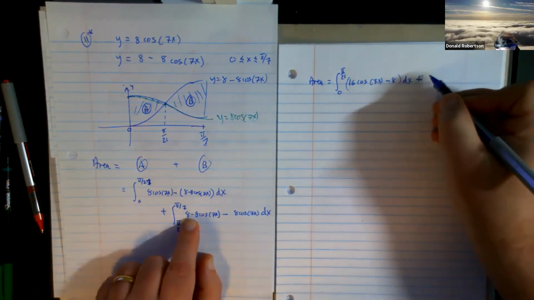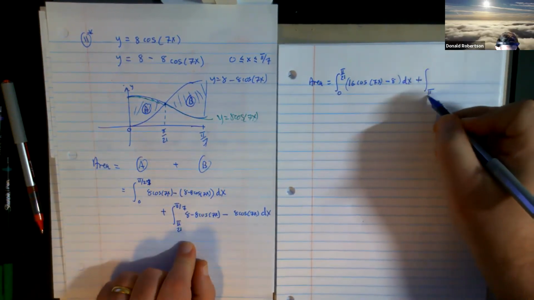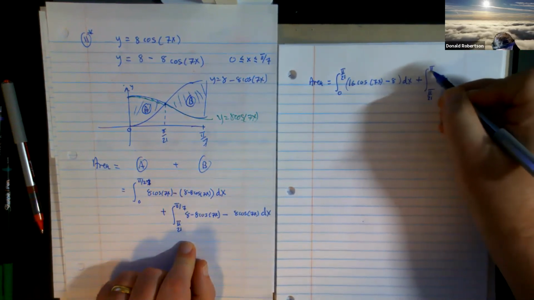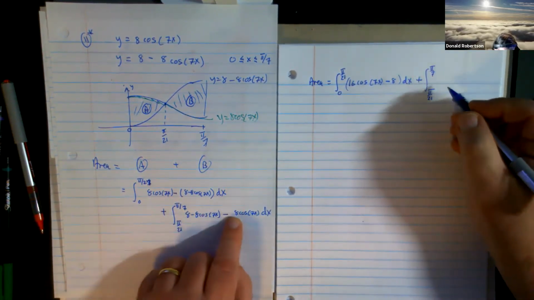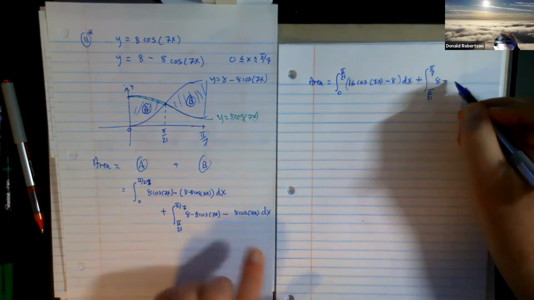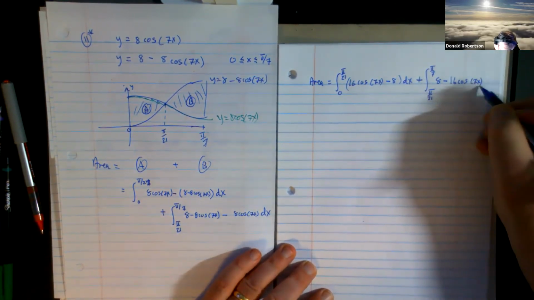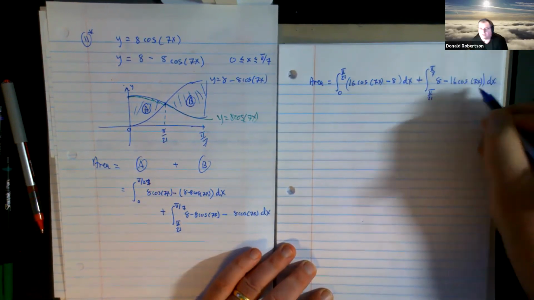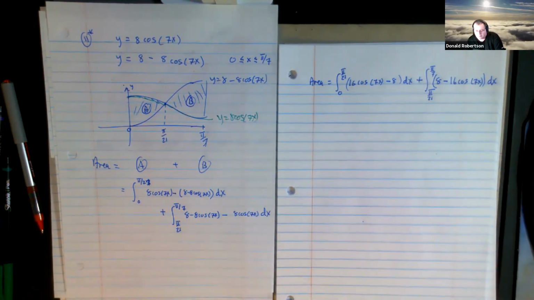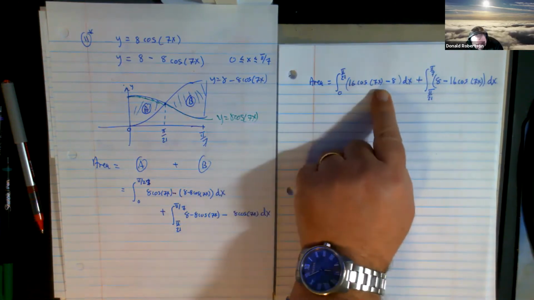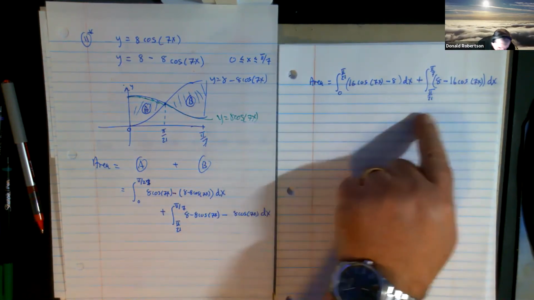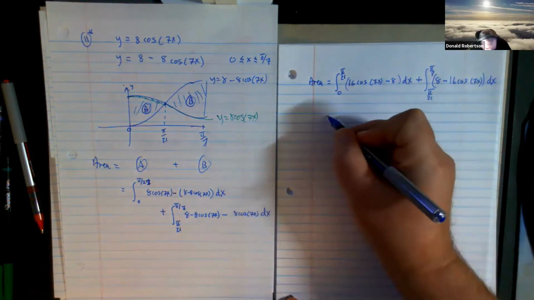And then this one, which is from pi over 21 to pi over 7, is going to be 8 take away 16 cosines 7x. Now each one of them we'll find separately and then add the two answers together and we are finished.